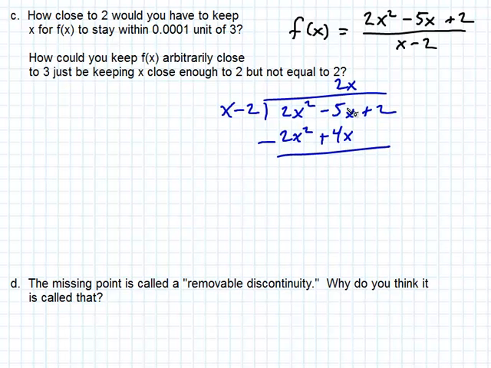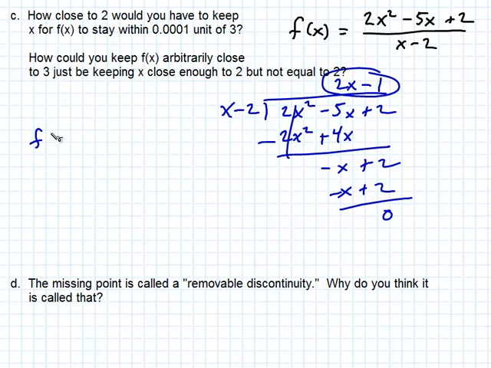Change the signs and add. This goes away. This is minus x plus 2. X into minus x goes minus 1. And minus 1 times this is minus x plus 2. And subtracting, I get 0. It goes evenly. In other words, f of x can be factored.